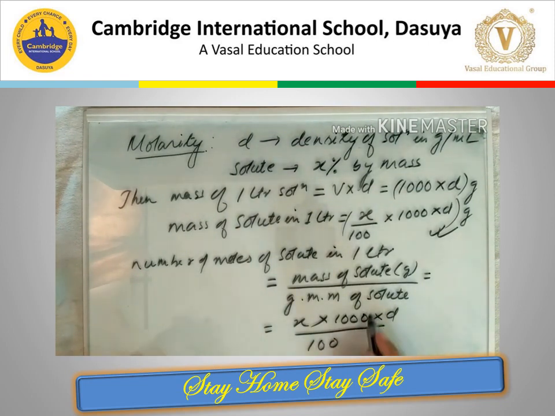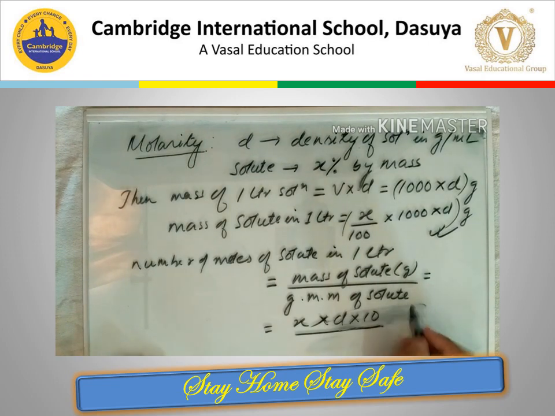We cancel out two zeros here, and we'll be left with only x into d into 10.